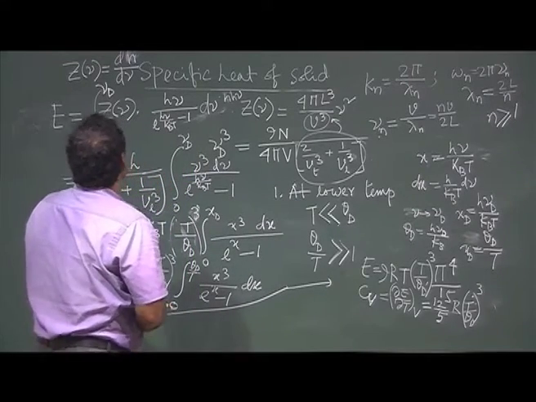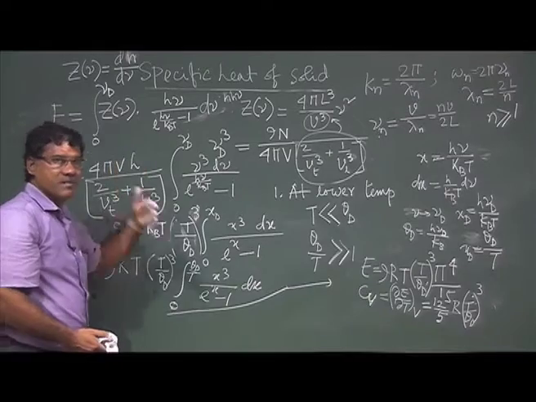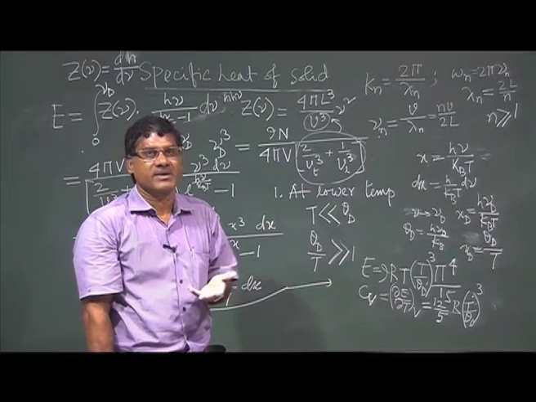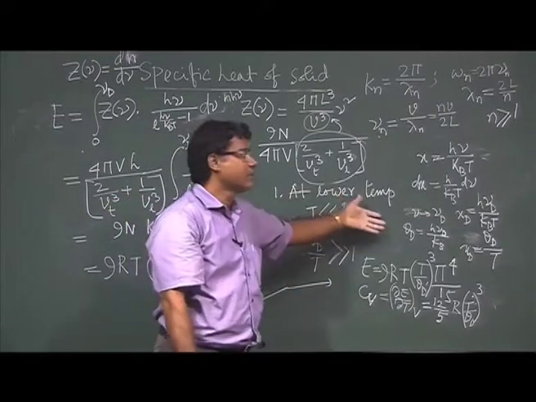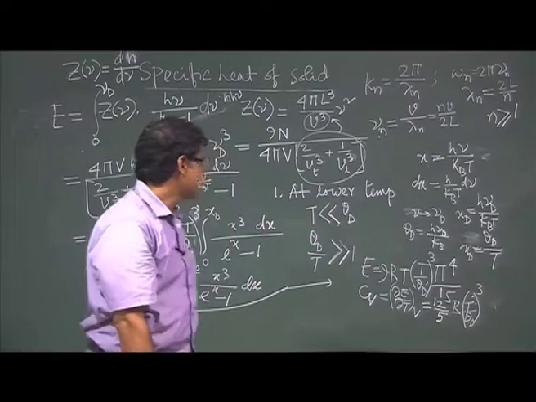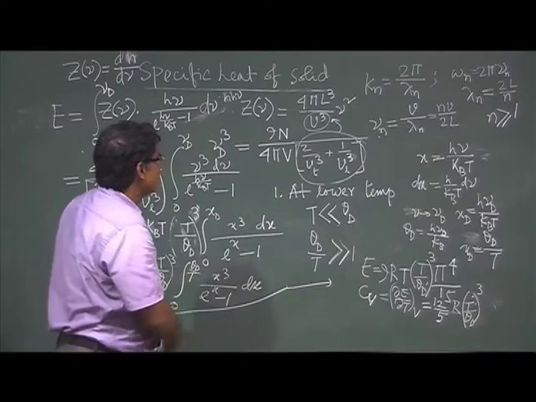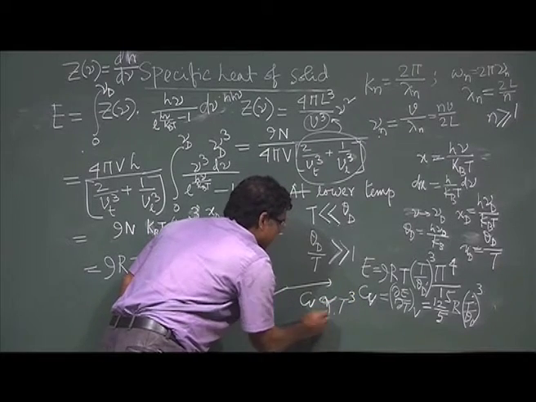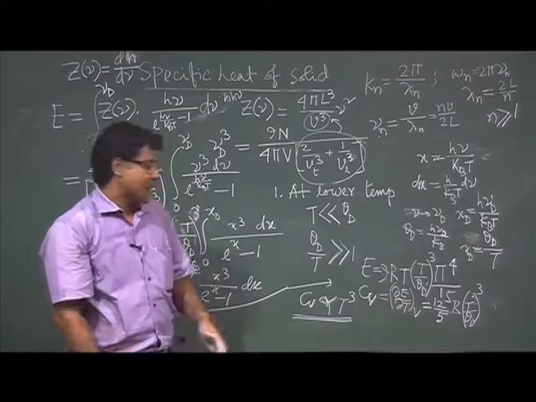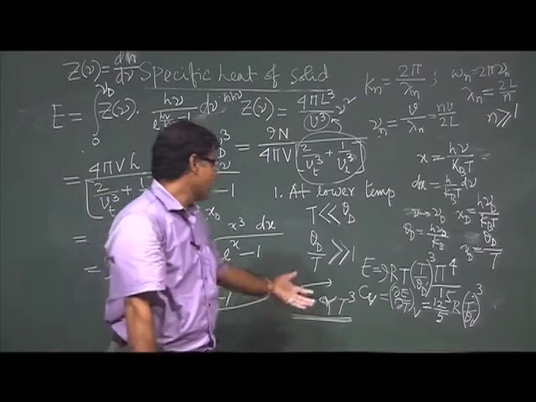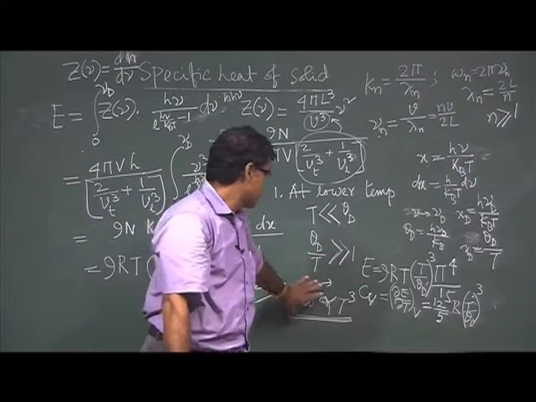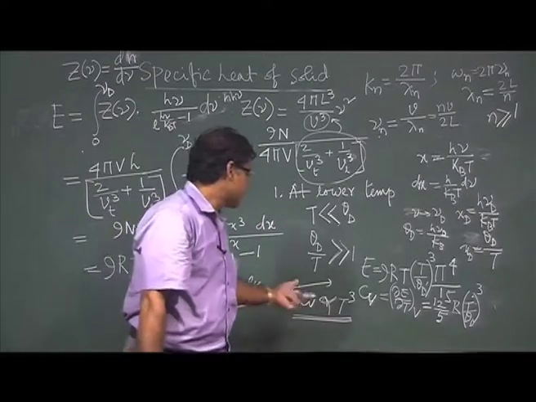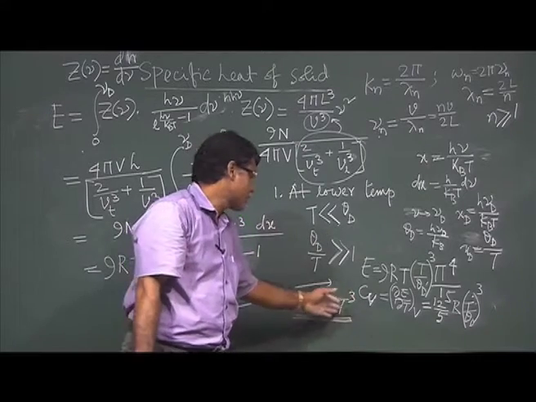That is the great success of Debye theory: the experimental result demands the variation of C V at low temperature as T cube, and from Debye theory we could successfully derive this dependence of C V on T as proportional to T cube.